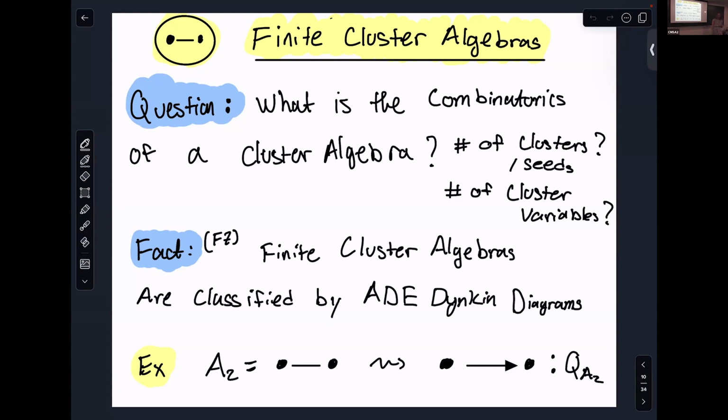Here's an example. This Dynkin diagram is A2. We pick some orientation of it in order to get a quiver. This quiver I call Q_A2, and we claim that if we use it as our seed, we'll get finitely many clusters.